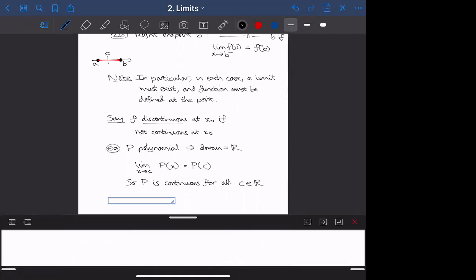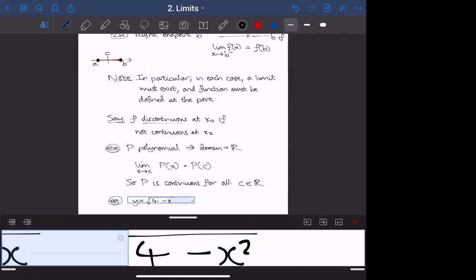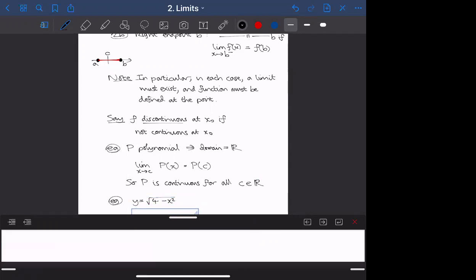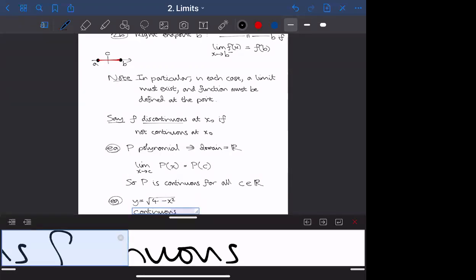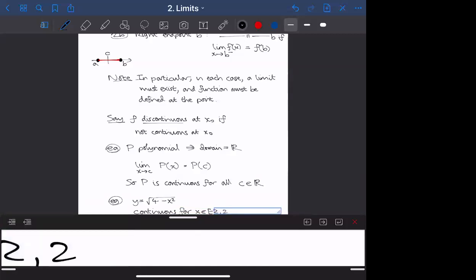Okay, so another example. If I take y is the square root of 4 minus x squared, so this was a semicircle. This is continuous for x in this interval.